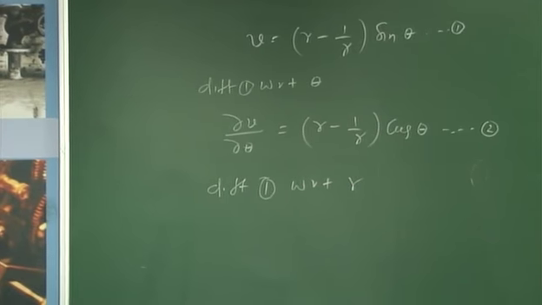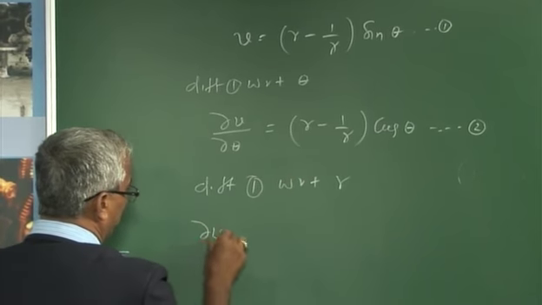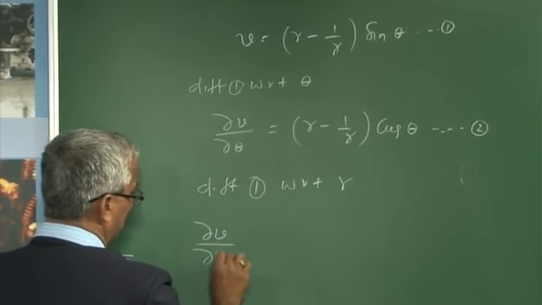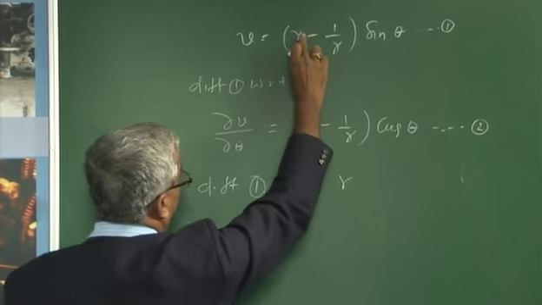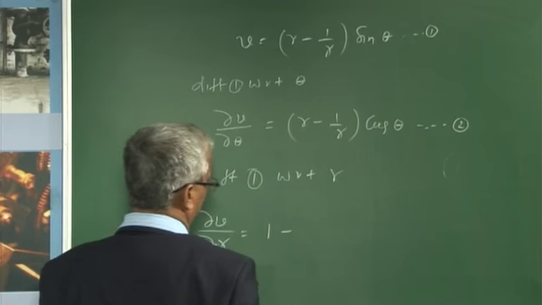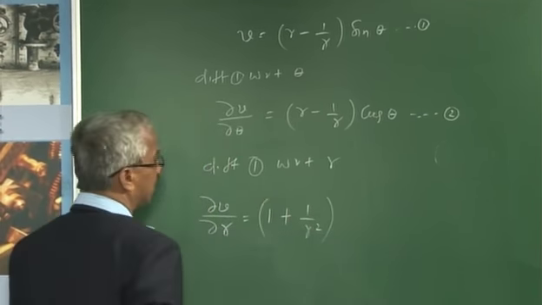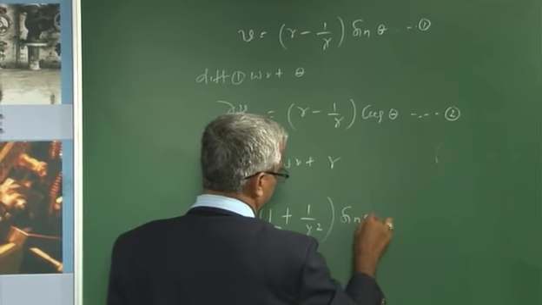Sin theta is constant with respect to r. Therefore, dou V by dou r is equal to derivative of r with respect to r, which is 1, minus derivative of 1 by r with respect to r, which is minus 1 by r square. It is 1 plus 1 by r square into sin theta.